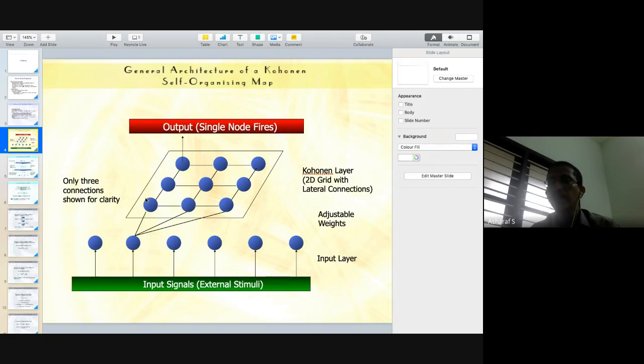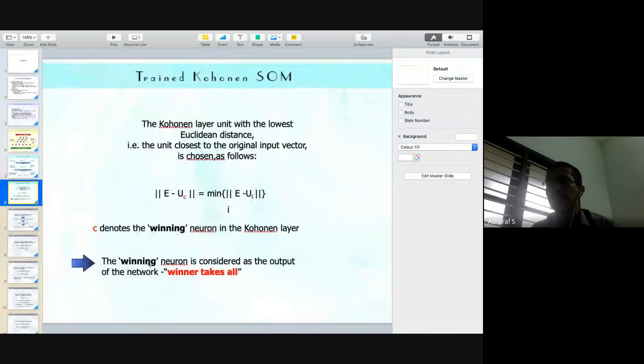In the 2D layer, each neuron computes a notion of distance. The measure used is Euclidean, and the neuron with the lowest Euclidean distance will be labeled as the winner. This strategy is also called the winner take all strategy. The winning neuron is considered the output of the network.